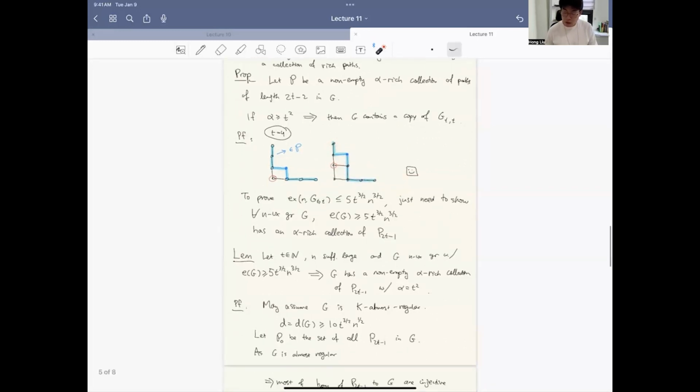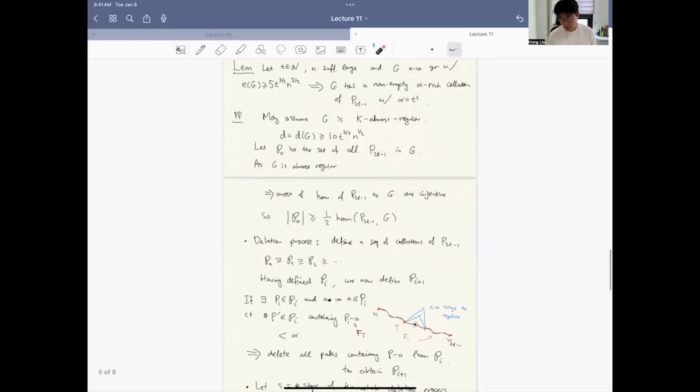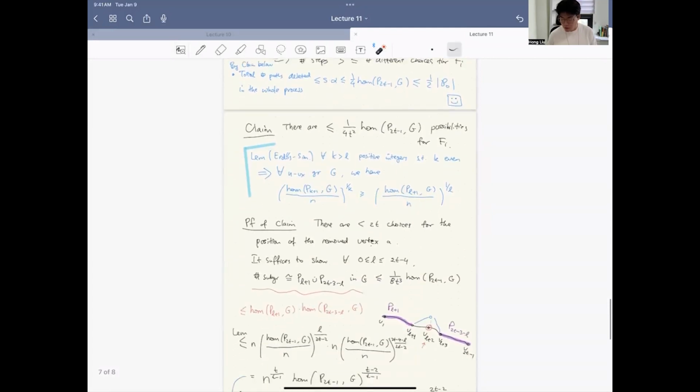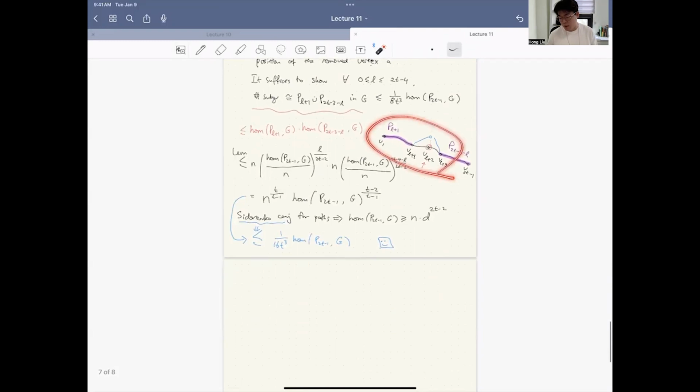So that amounts to embedding a grid by finding a collection of rich paths. How do we find a collection of rich paths? We start with the collection of all paths. If there's a path that does not have many replacements, we delete them. And using the homomorphism inequality, we show that the total number of bad paths we delete during the process can be controlled. So at the end, we have a non-empty collection. Done.